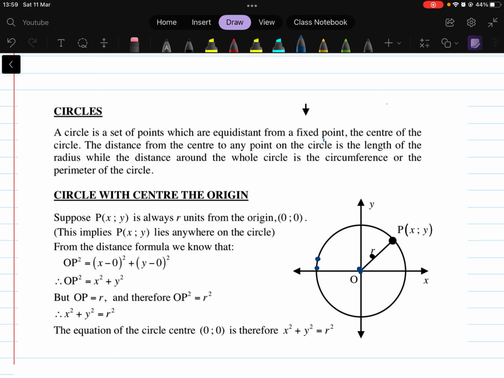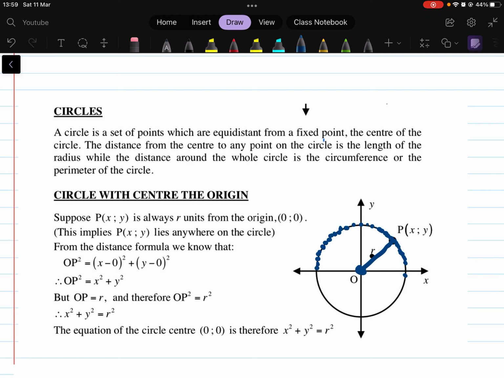So there's a bunch of points like that which are very close to each other, and all of them are the same distance from this point in the middle, which is the center of the circle.